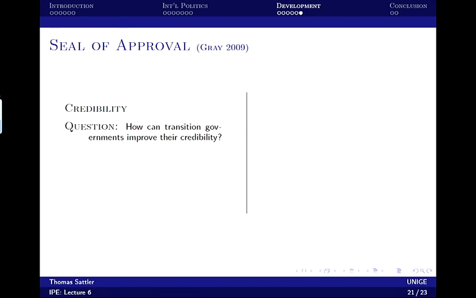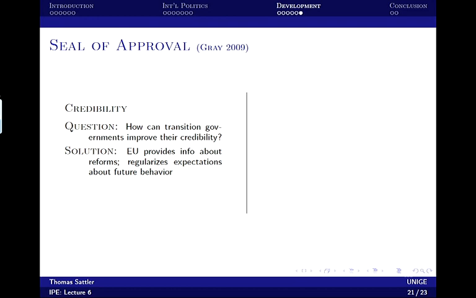So how exactly does it work? How do investors learn about this, right? Here, the study by Gray looks at transition countries, so emerging markets that have a credibility problem. Those transition economies are those that move from one political system to another, like Slovakia in the early 1990s, right? So they are democratizing, and there's a lot of political risk, so what can they do?